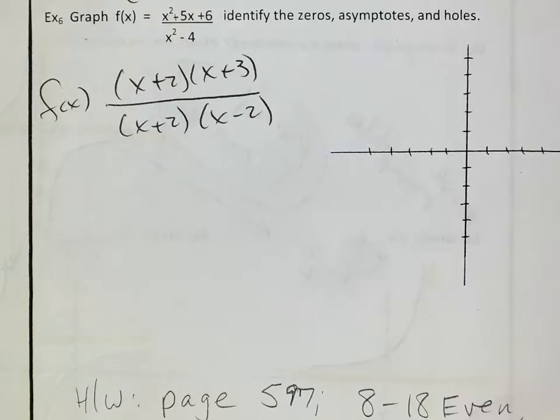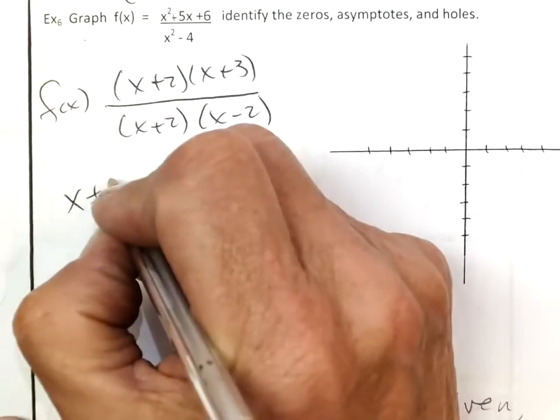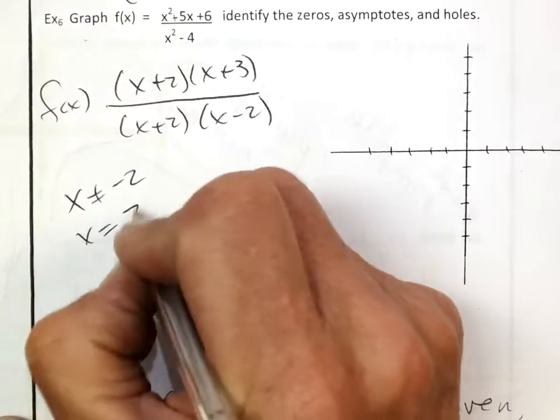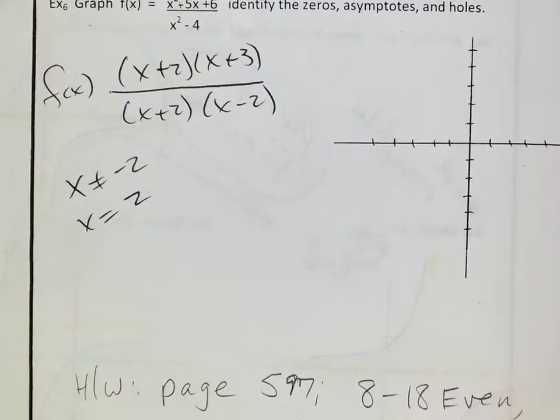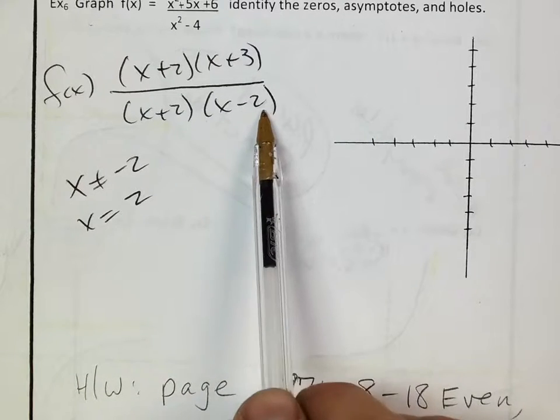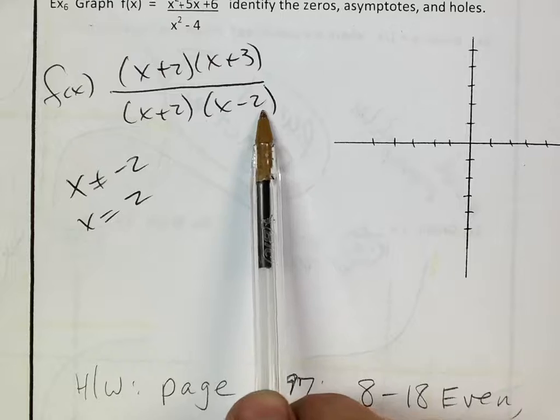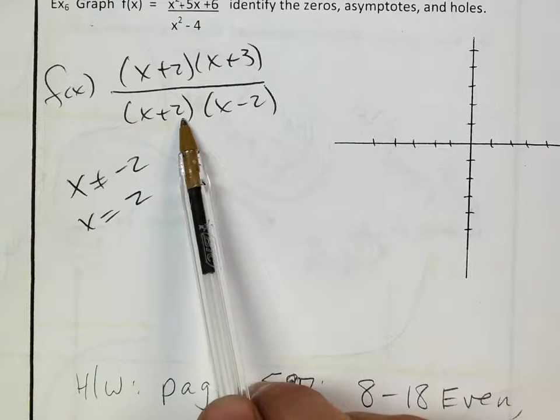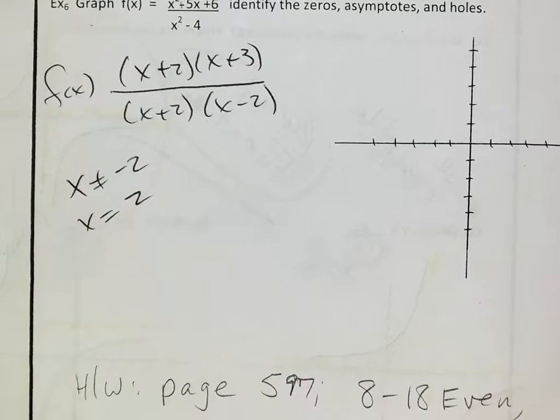There you go. x cannot be negative 2, and x cannot be 2. If it's 2, you divide by 0 right here, 2 minus 2, bad news. If it's negative 2, negative 2 plus 2, bad news, divide by 0. So have I convinced you not to divide by 0? Yes. Bad things happen.